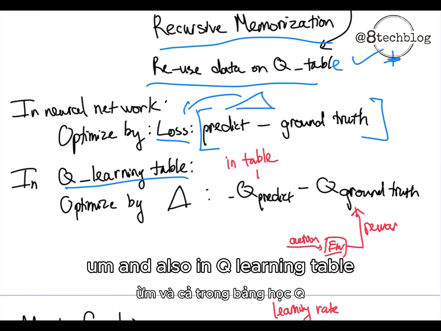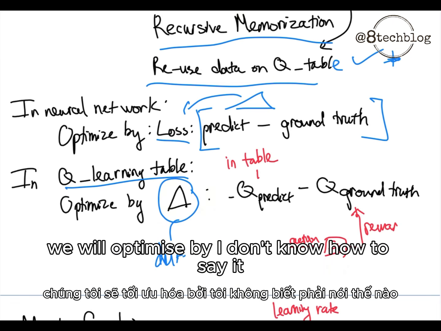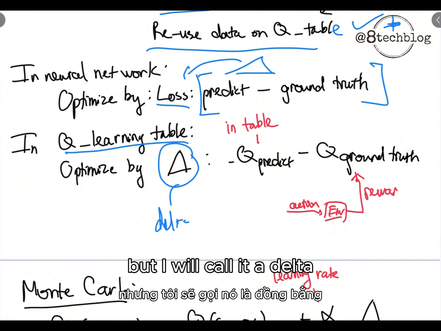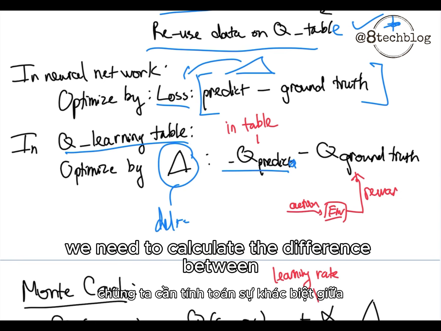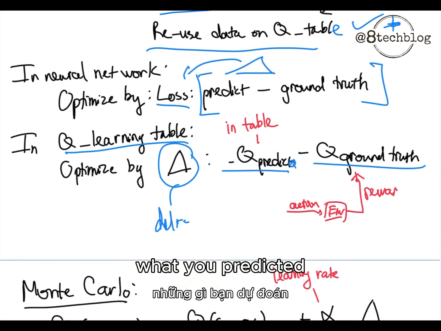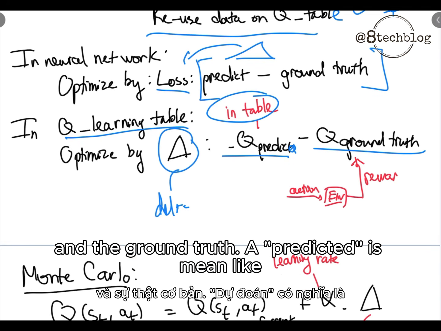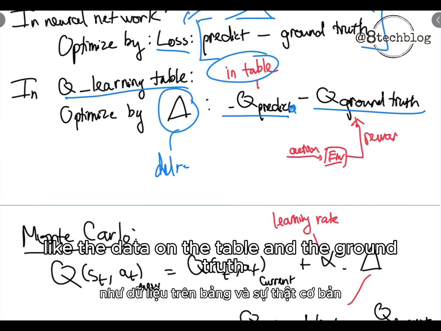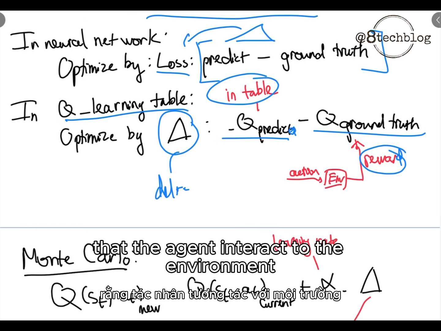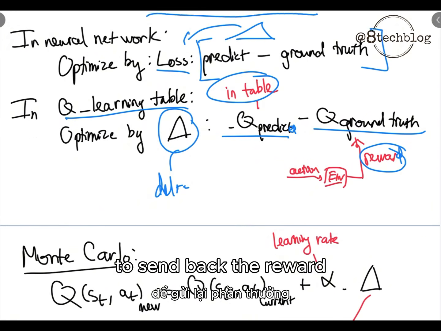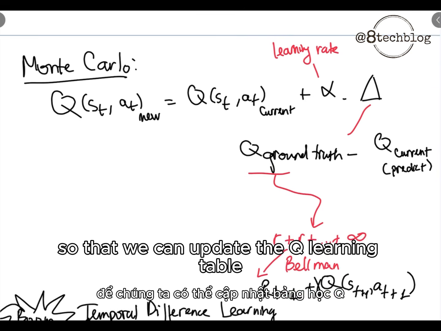And in the Q learning table, it's kind of the same. We will optimize by, I don't know how to say it, but I will call it a delta. It means we need to calculate the difference between what you predicted and the ground truth. Predicted means the data on the table, and the ground truth means the action that the agent interacts with the environment to send back to the world, so that we can update the Q learning table.